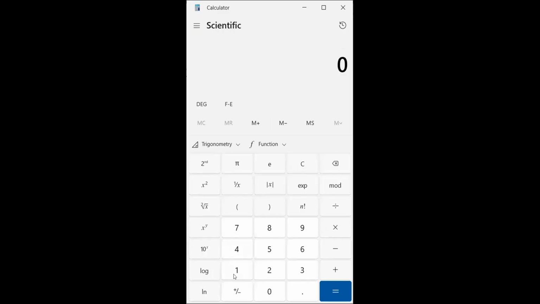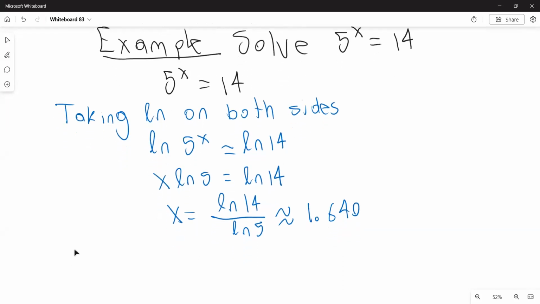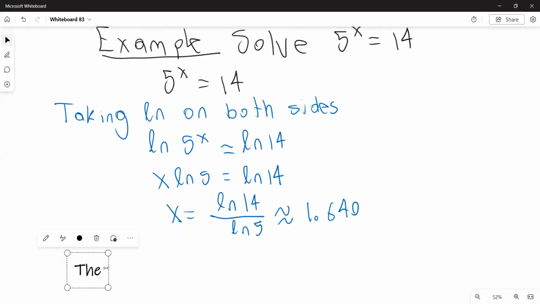That is approximately 1.6340, or 1.640. So that is the solution set. On MyMathLab, you will be asked to approximate the solution. So the solution set is the set with that number.